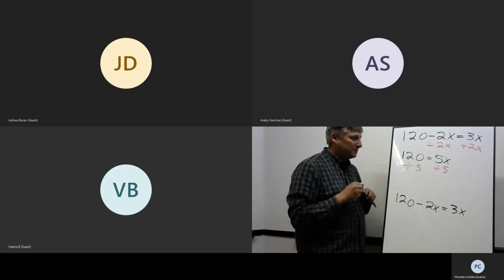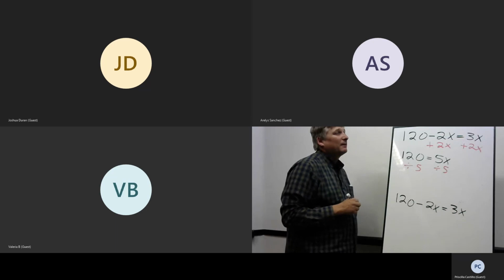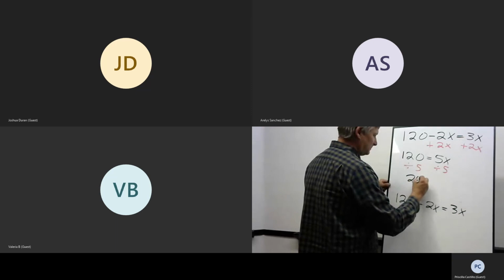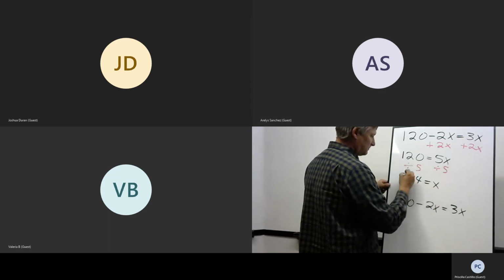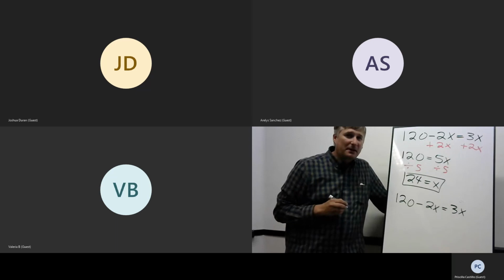Opposite of multiplication is division. And let's see, 120 divided by 5, 24. And that's going to be our answer.